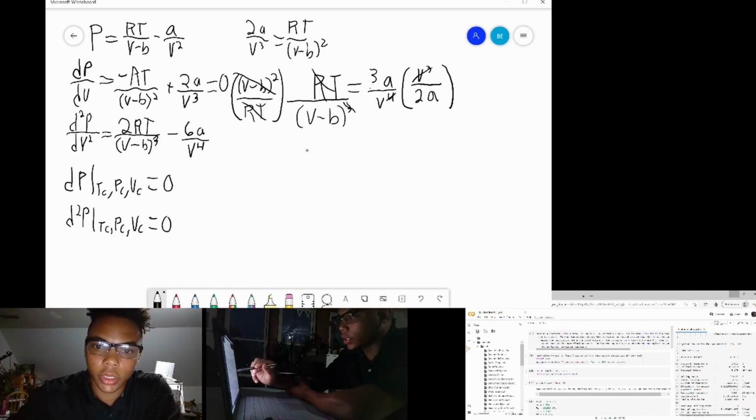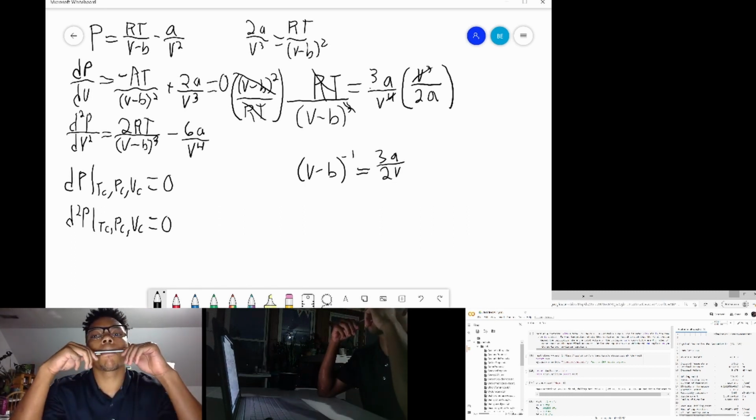And now in the end, we're going to get RT over RT, V minus B, and negative 1 is equal to 3 over 2 V. Let's make sure we get that right real quick.